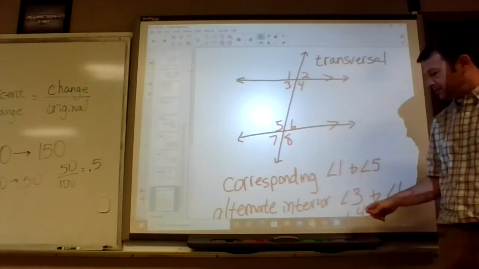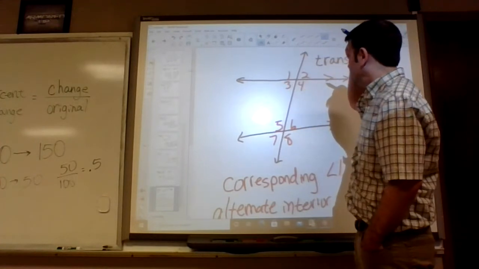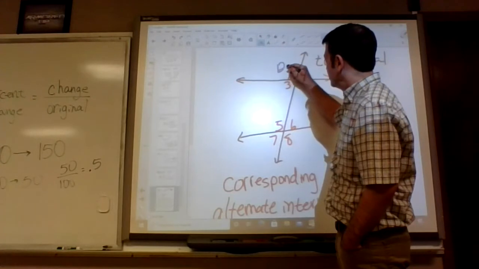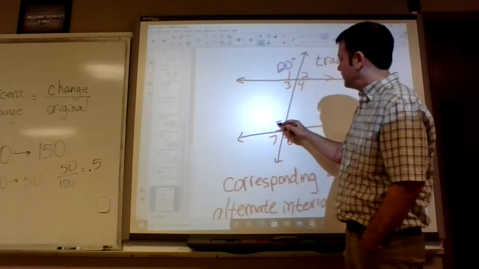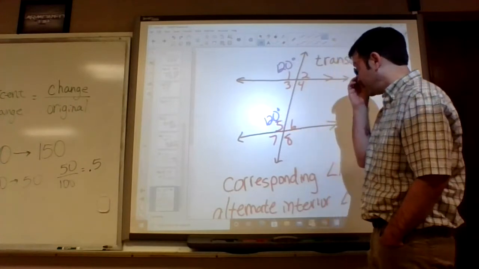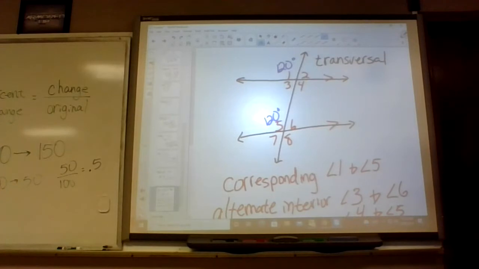All right. And if that is true, so let's say I knew that angle 1 was, what's that look like? Maybe 120 degrees or so. Then angle 5 would have to be what? 120 degrees, because they're corresponding angles. What other angles can I figure out if those are 120?